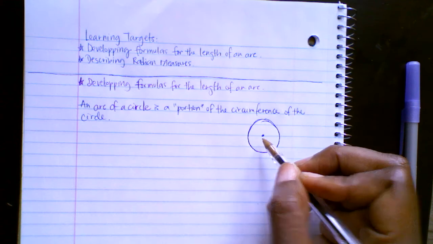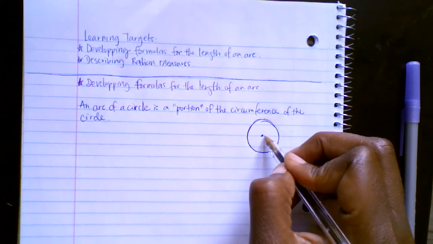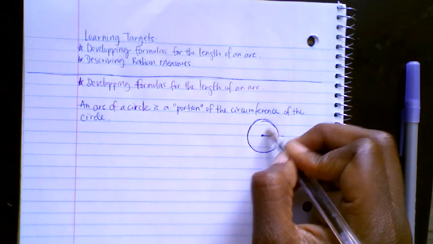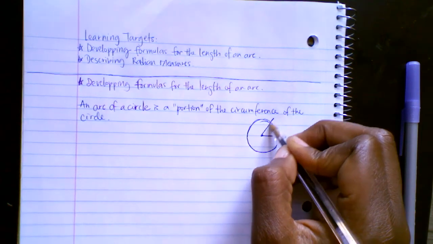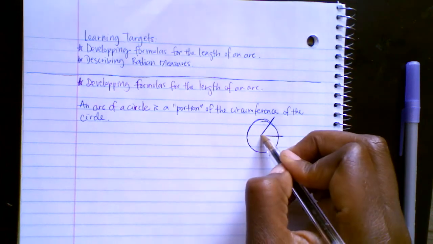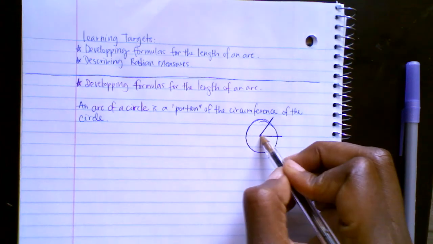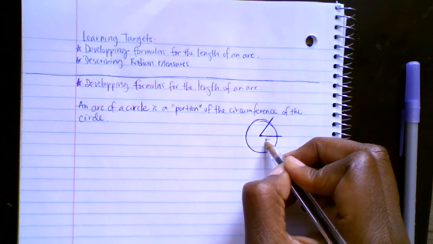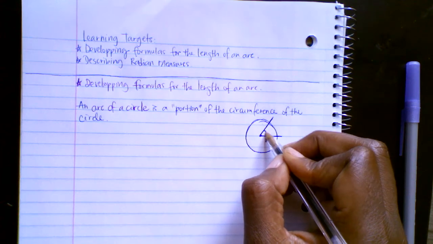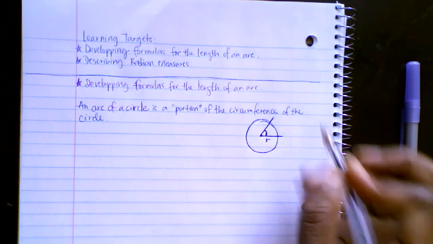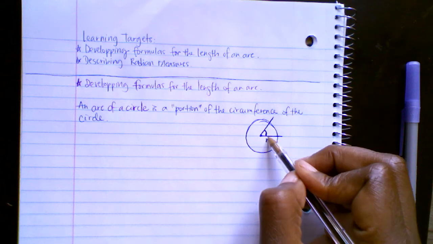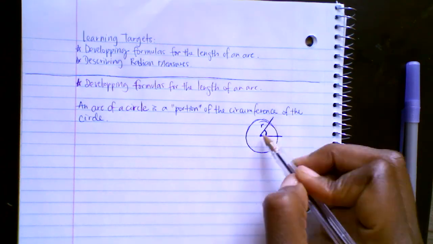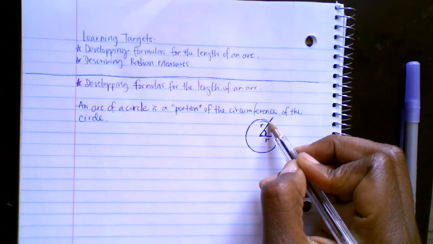The center angle is going to start from one way right here, and the second way I'm going to make right here. So remember, this is the center, and from the center to the edge of the circle, this represents the radius. The center angle is the angle formed by two radii, because this one is also a radius, going from the center to the edge of the circle.